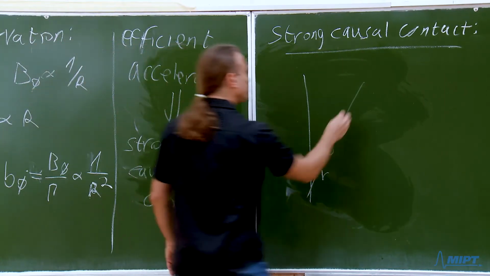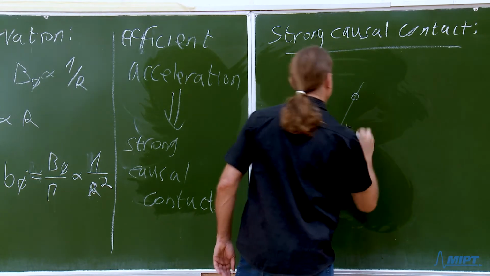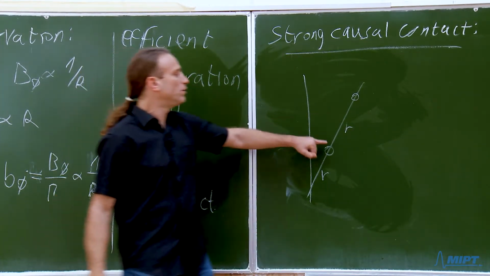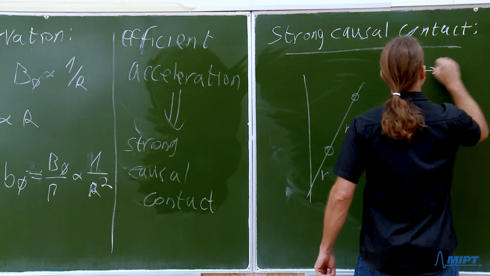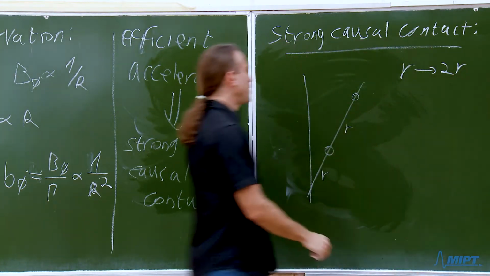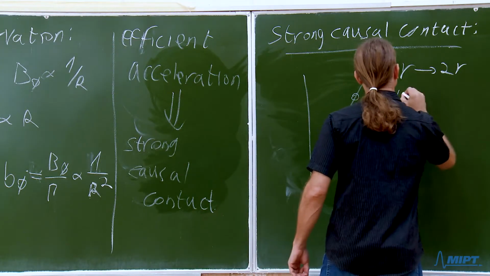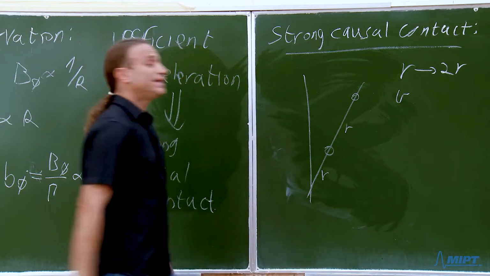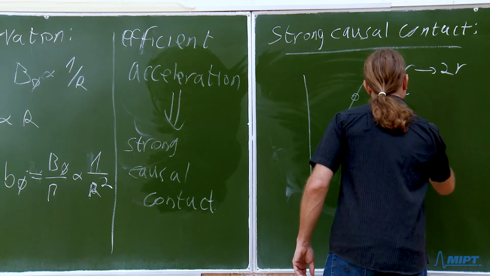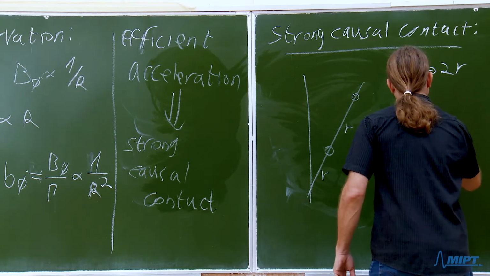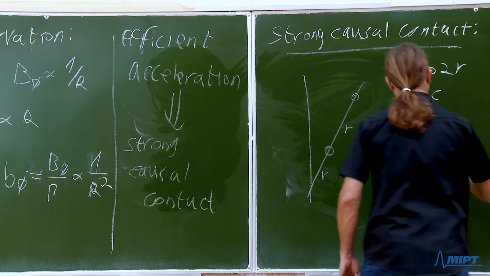And now the particle doubles its radius. It moves from r to 2r. The flow is moving with a velocity v, and the time it takes to cover this distance is just t equal to r divided by v, which is r divided by beta c.